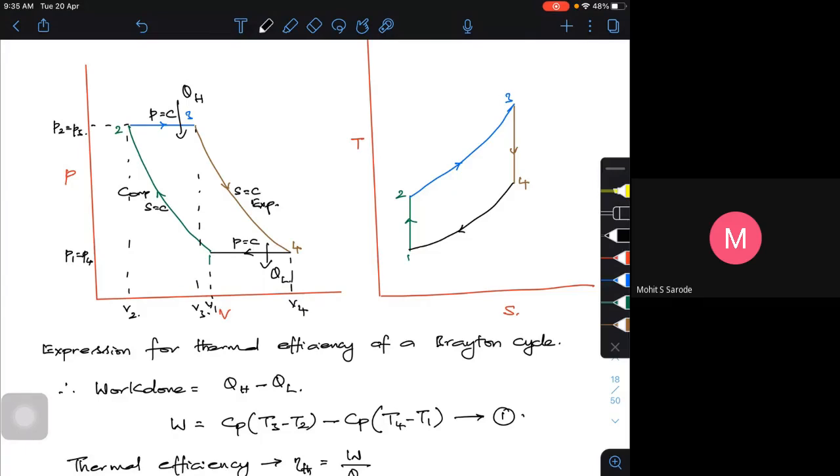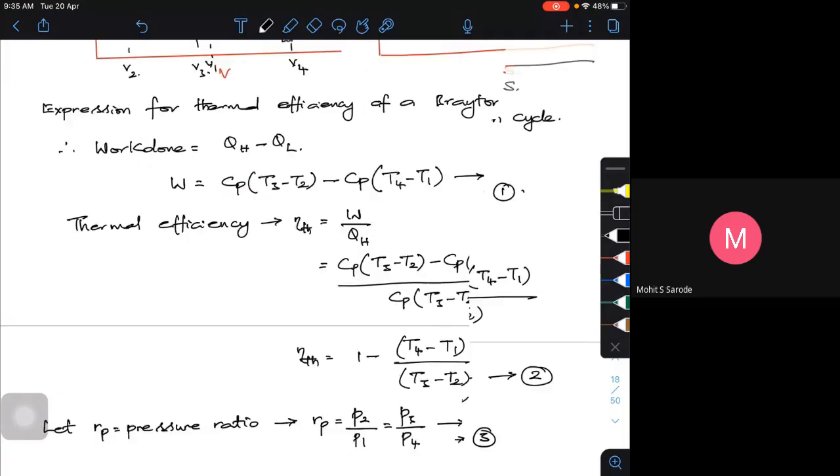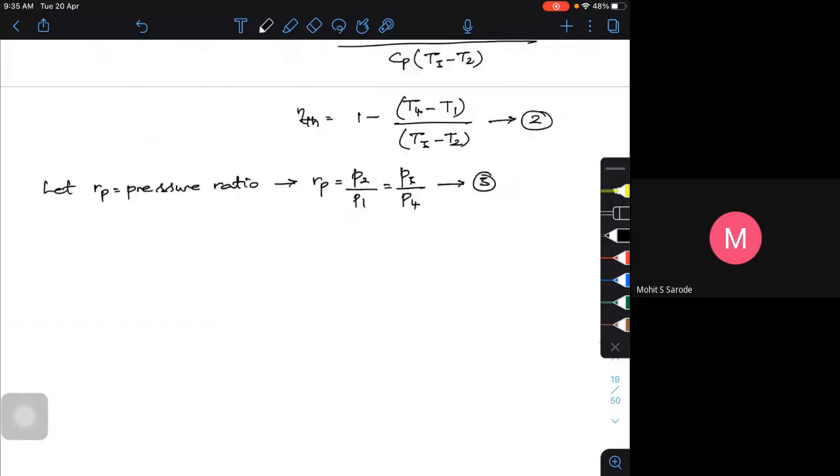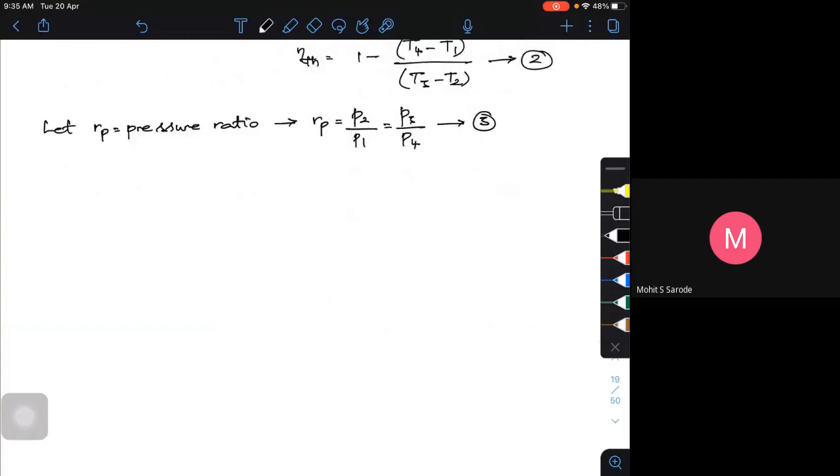At the same time, T2 by T1 is also equal to (P2 by P1) to the power of (gamma minus 1) by gamma. This is all from thermodynamics. That's why I keep telling you to go back and brush up your basic thermodynamics.